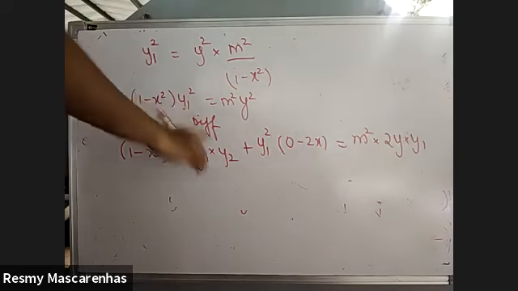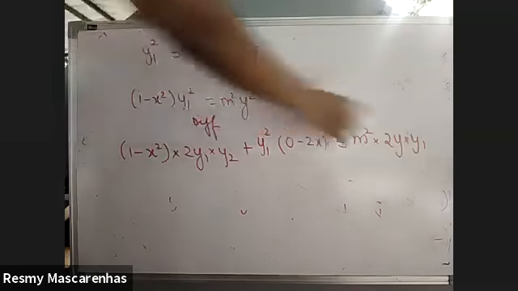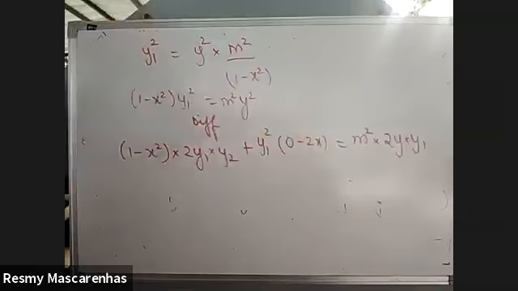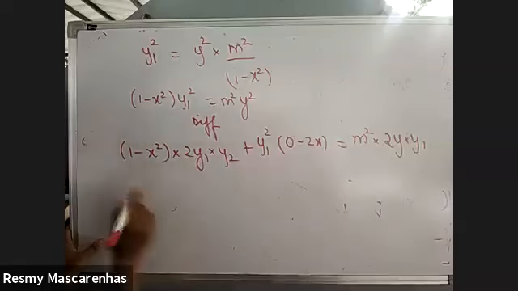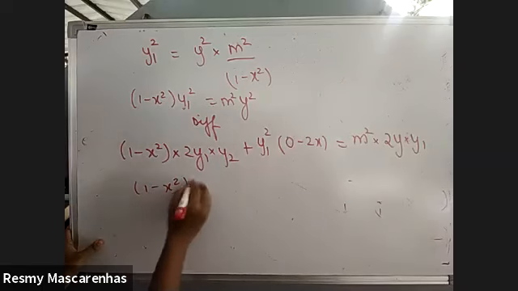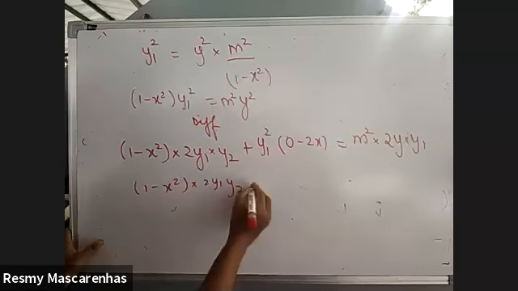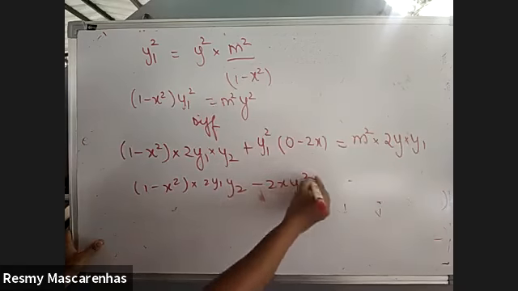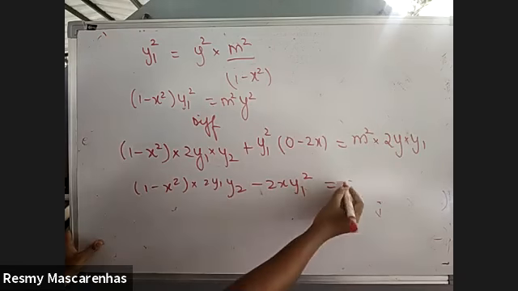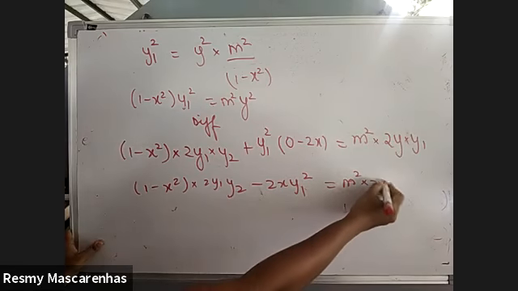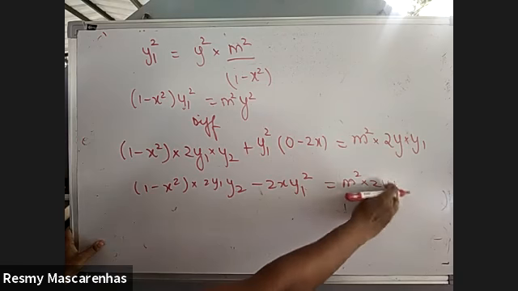Because this was y1, it became y2. This is y, that's why it became y1. And now whatever is getting divided, you divide by the common term. So to keep it like this only: 1 minus x square, 2y1 y2, minus 2x y into y1.